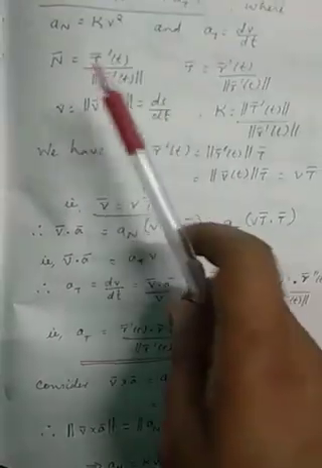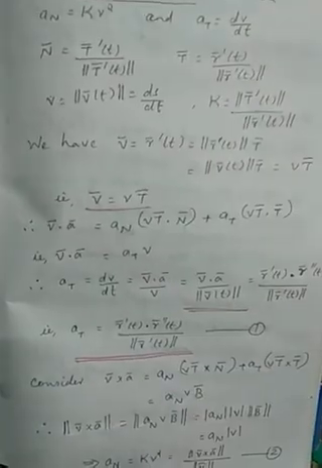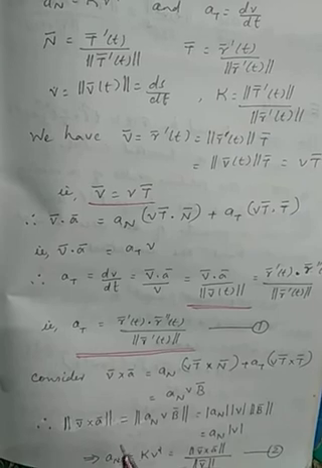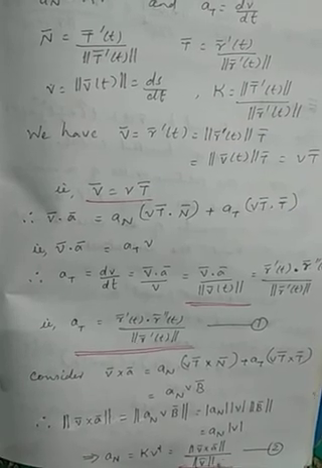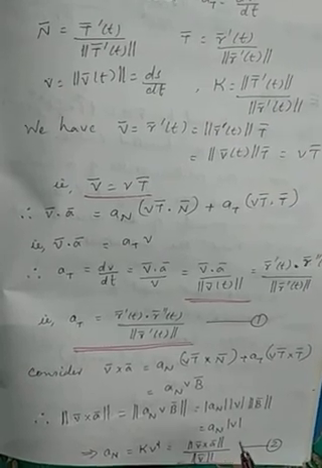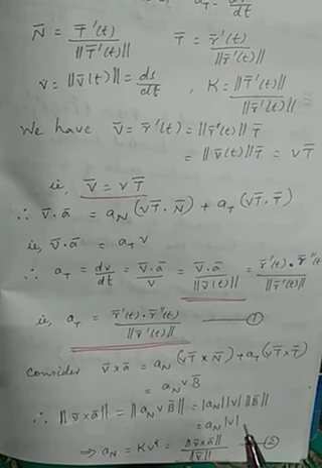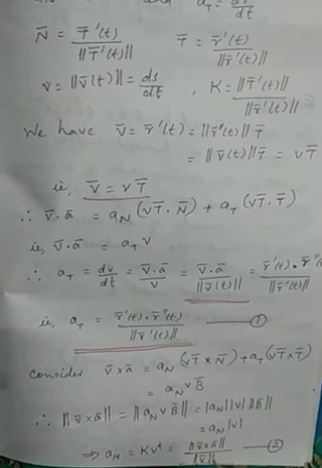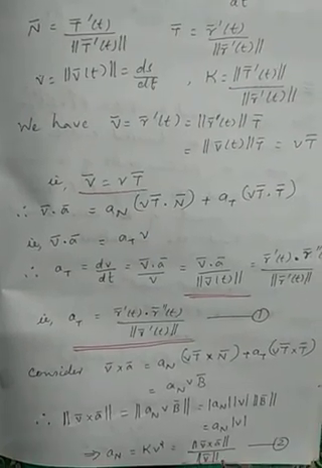So from this, we have the formula for An, which is given by kappa into V square, that is equal to norm of V cross A divided by mod V, and mod V means the speed, which is given by the magnitude of the velocity vector, that is norm of V bar.